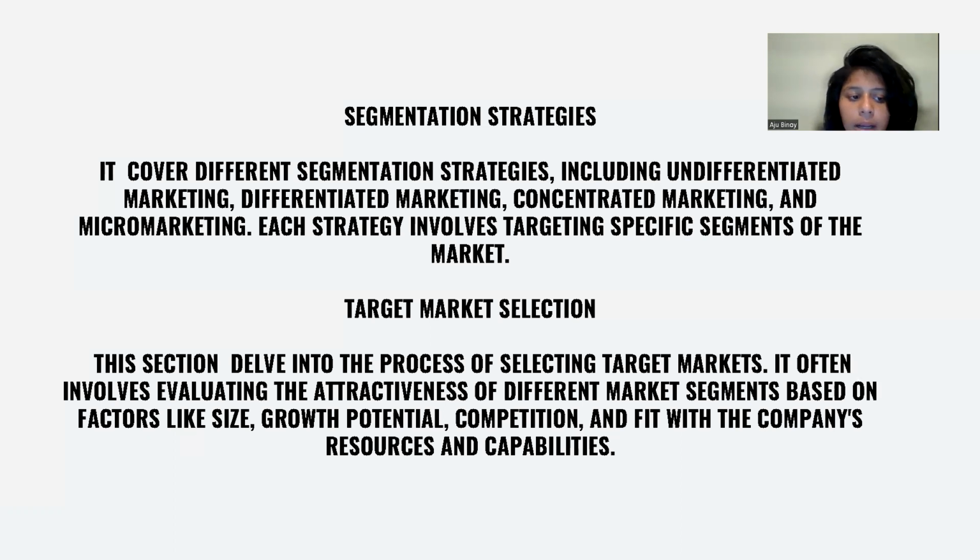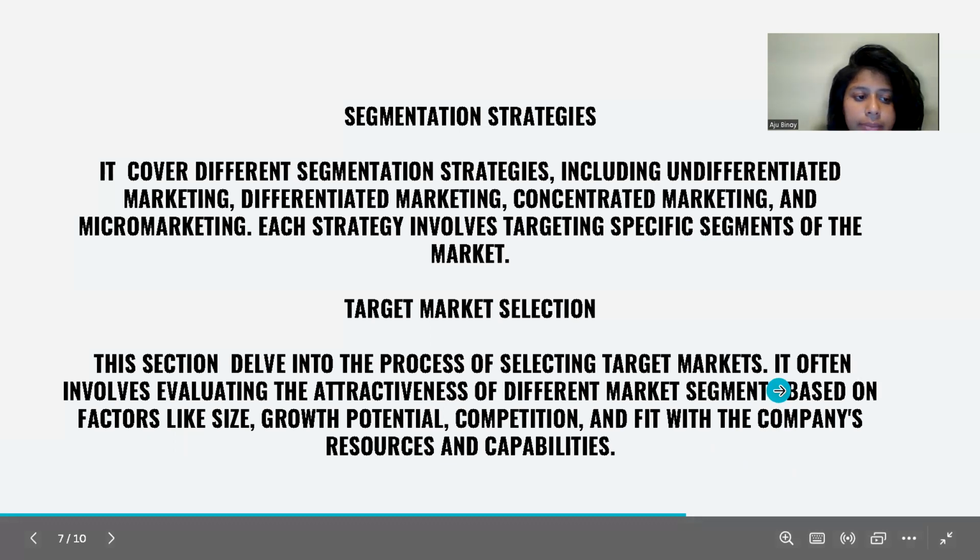That is all about targeting and selecting groups, known as target markets. The phases of market targeting are evaluating market segments, developing segment profiles, and choosing a targeting strategy. So we can move on to the next slide.